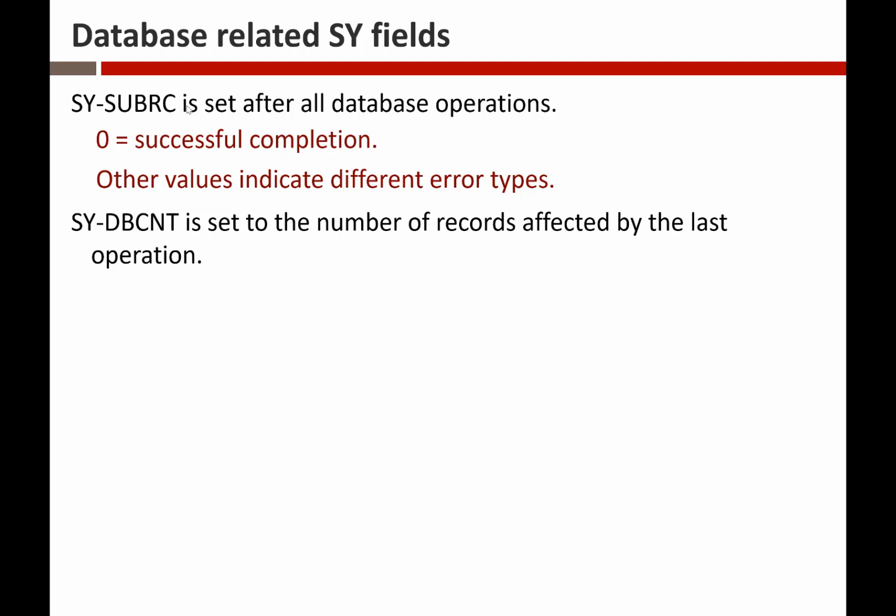You could, for example, have an update that affects 0 records, but it was still a successful database operation. There was just no work to be done. So you really have to think about the context of the command that you sent to the database in terms of which of these makes the most sense for you to check.